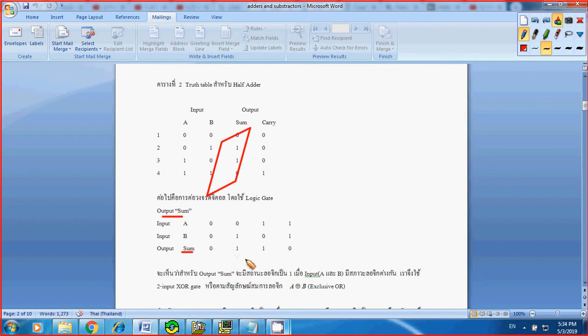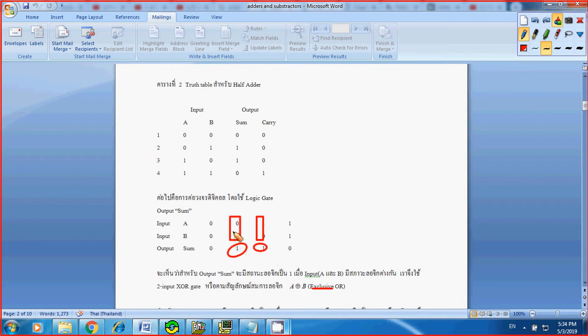Now for the digital circuit, if you still remember, you take a look at the logic status of the sum to be 1. You can see that your inputs are 0 1 and 1 0, and this is simply the exclusive OR gate, right?